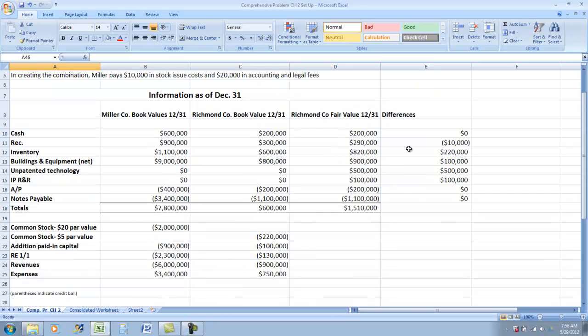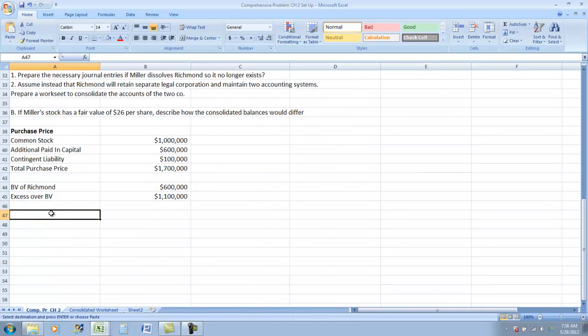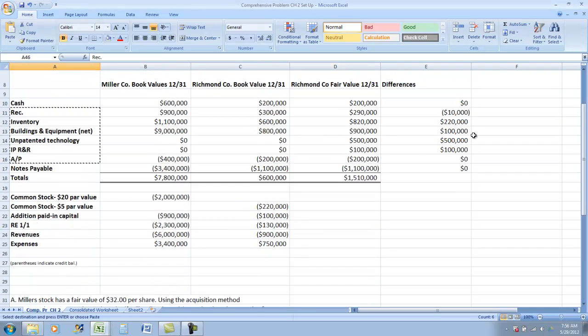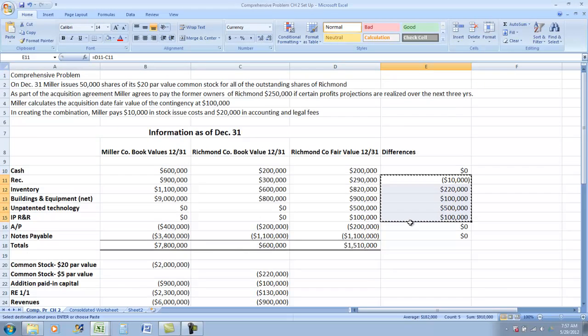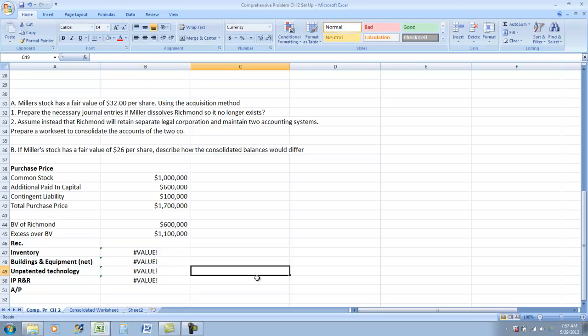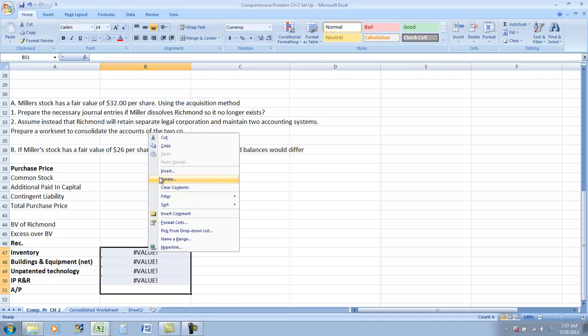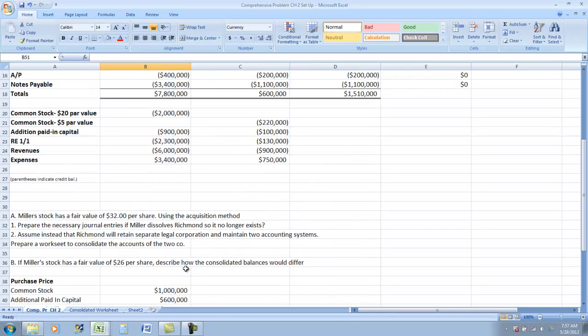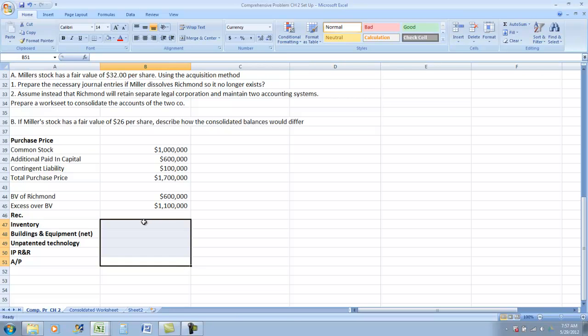Then we have to first attribute it to assets and liabilities here. So I'm just going to copy these. So it's minus 10 on the receivables.